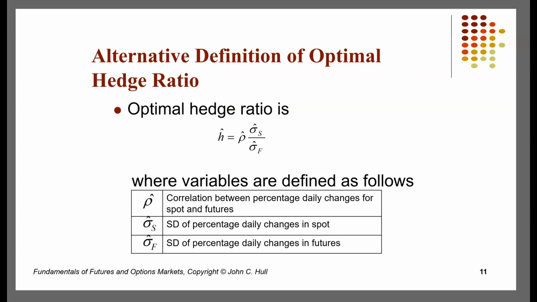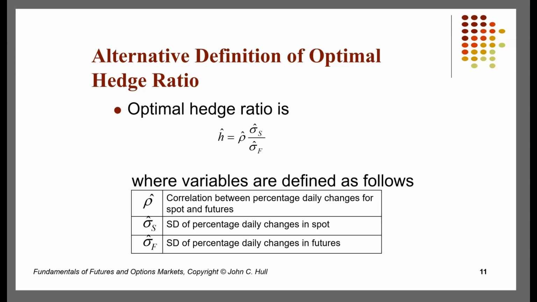If we are settling daily, we have to make an adjustment to our optimal hedge ratio to reflect the daily settlement in the futures contract. Ignoring that daily settlement works for forwards, because forwards are not settled daily. So if we are consistent with working with futures contracts, then we need to adjust that optimal hedge ratio to reflect that daily settlement.